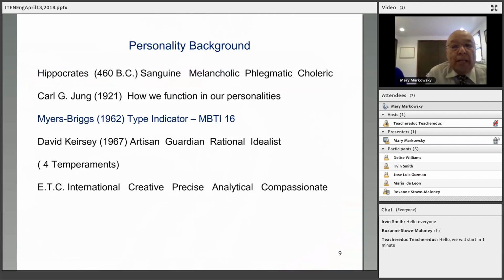Now, going into personality background. In 460 before Christ, Hippocrates, the father of medicine, a Greek doctor, was very observant of his patients, and he decided to guess more or less about their temperaments. He said that the patients that had a lot of blood in their system, he named them sanguine.